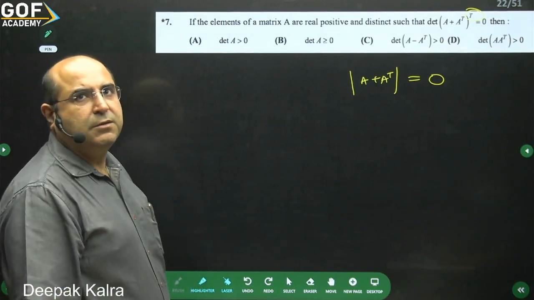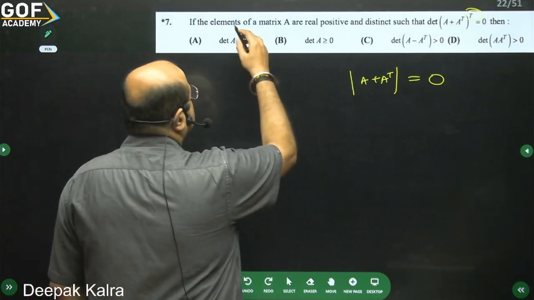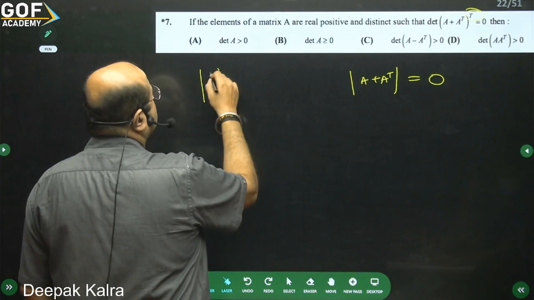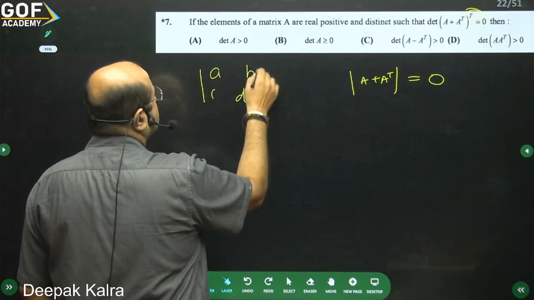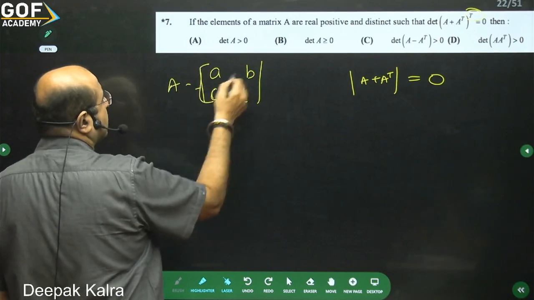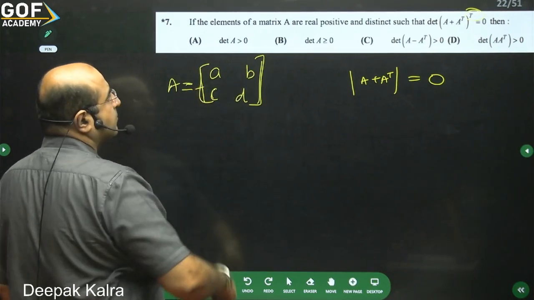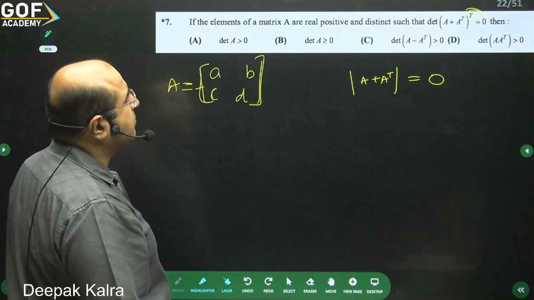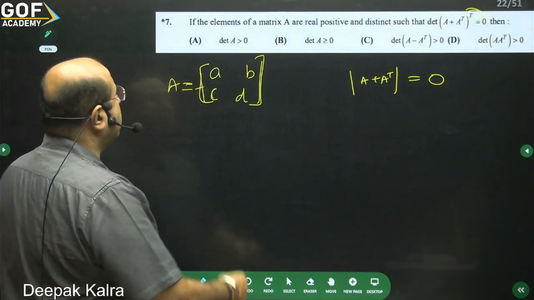Okay. So what do? Take any random A, B, C, D or P, Q, R, S. One matrix you take, with A, B, C, D positive. And do transpose of it.